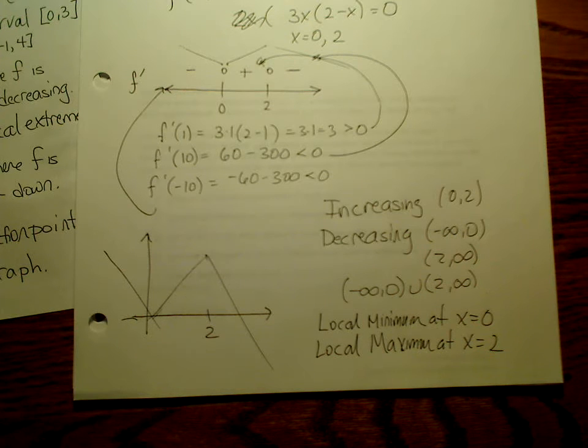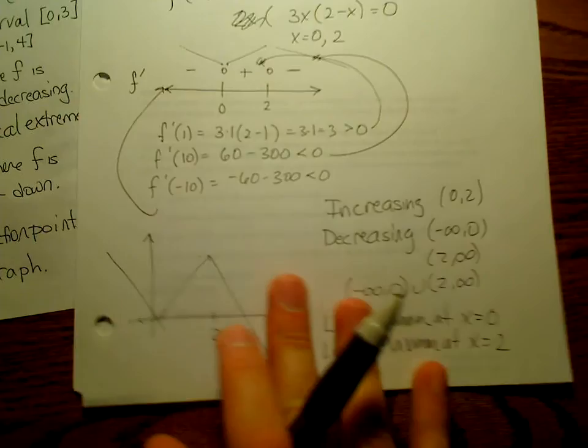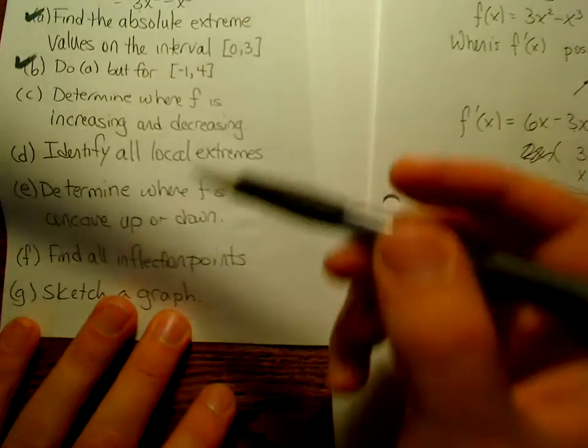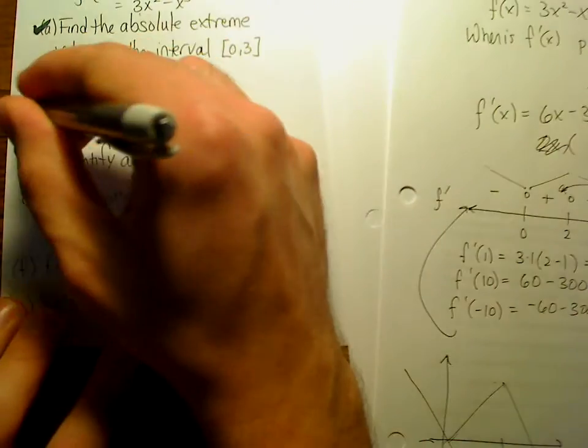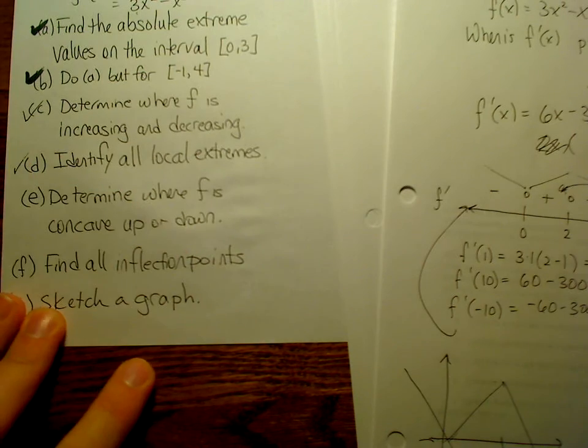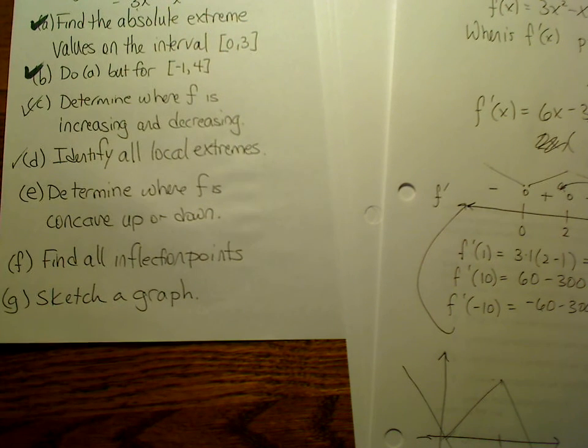Whereas for absolute extreme and the absolute extreme values, they're looking for the y values. It's weirdly inconsistent. It's just the way it goes. For inflection points, they want both. Go figure. That's C and D on this sheet. That's where f is increasing and decreasing, and where are the local extremes. I'll do the other parts in the next video.